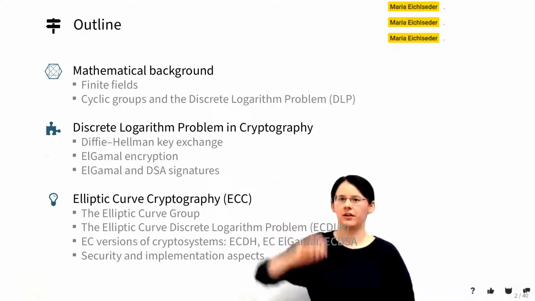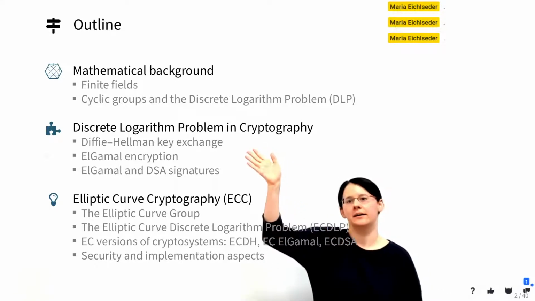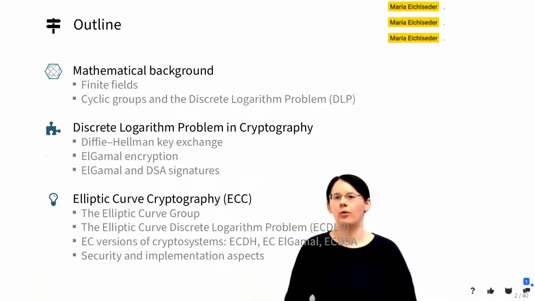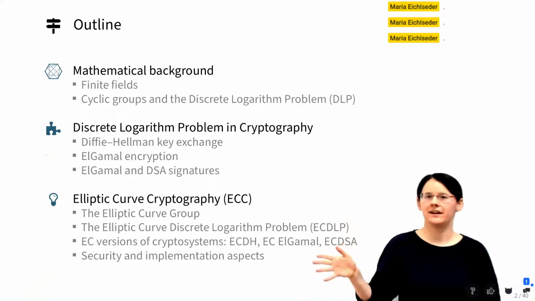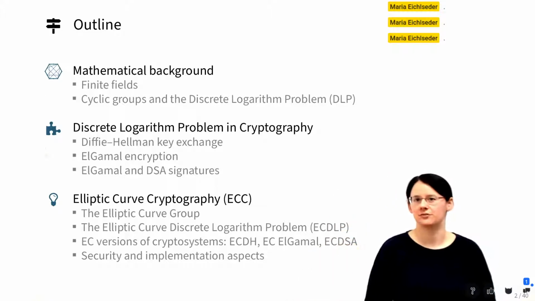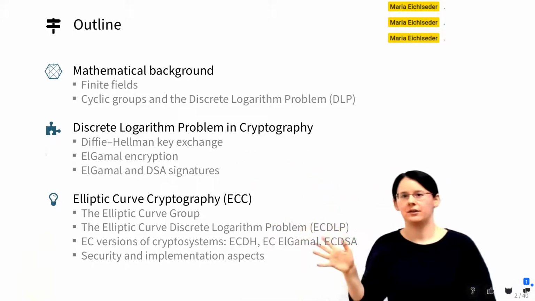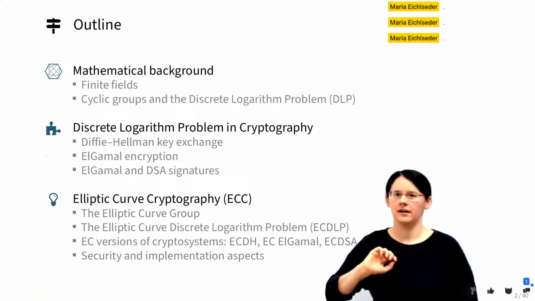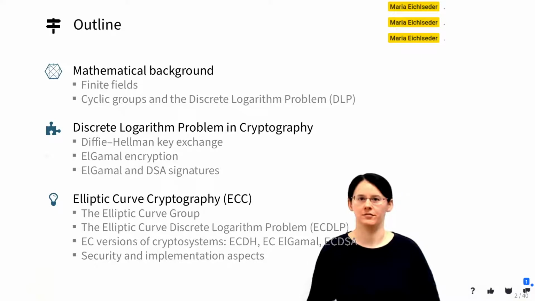First, the general discrete logarithm-based crypto, in particular the stuff based on finite fields, such as the classical Diffie-Hellman algorithm or the DSA digital signature algorithm. Afterwards, we will see how we can carry this over to a different mathematical structure, namely elliptic curves. We will see that most of these algorithms have an elliptic curve counterpart, and we will discuss the advantages and disadvantages of this.